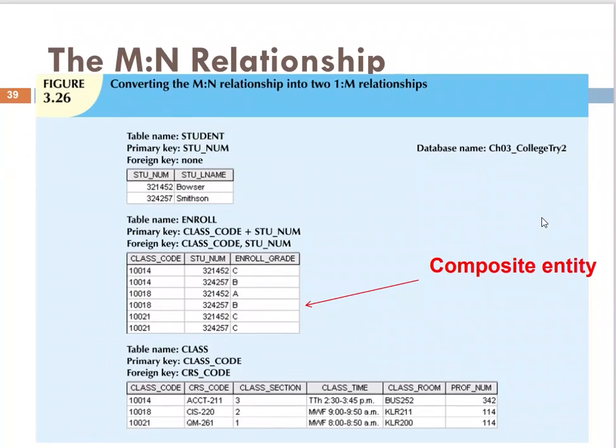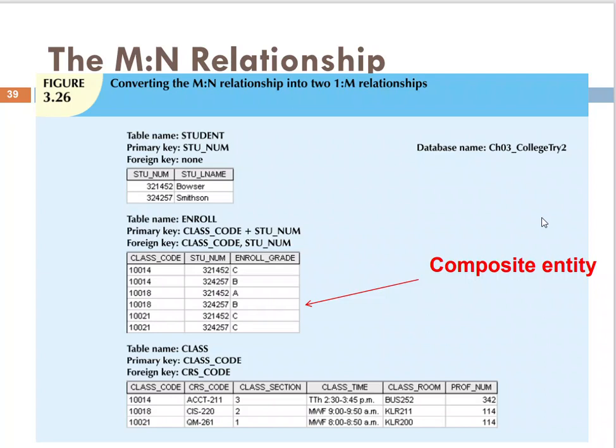Okay. Jadi, solution dia, okay, we have to convert the many-to-many relationship into one-to-many relationships. Jadi, untuk mengurangkan redundancy yang saya tunjukkan dalam slide tadi, we can convert many-to-many relationship kepada 2 one-to-many relationship. Okay. So, kita tengok macam ni. Kita ada satu table student dan hanya ada student number and student last name.